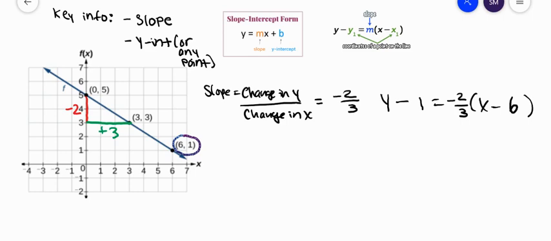If I wanted to write it in slope-intercept form, I would need to identify the y-intercept. Well, the y-intercept is where the graph crosses the vertical y-axis, which is this line here. So if I look along that vertical y-axis, that yellow line, and see where my graph intersects it, I'll see that that happens at this point, (0, 5).